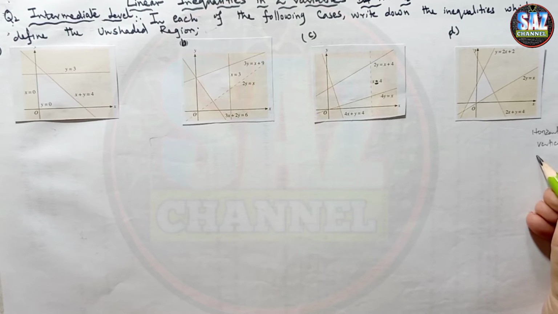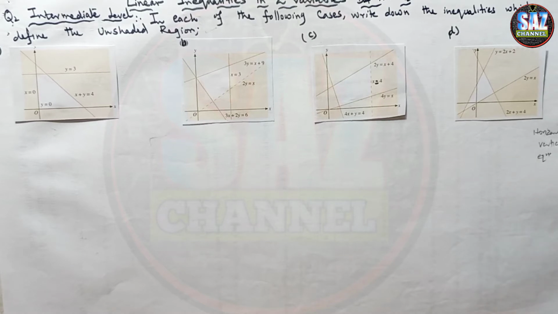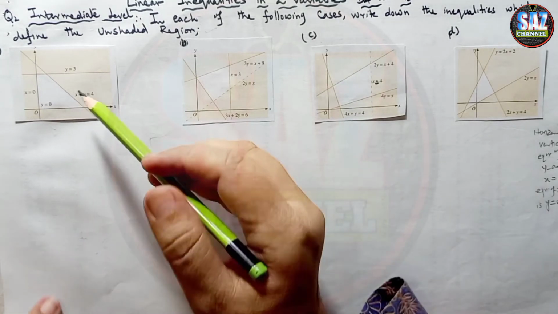Recall that the equation of the y-axis is x equals 0, and the equation of the x-axis is y equals 0. These points have to be really clear before moving to this question.